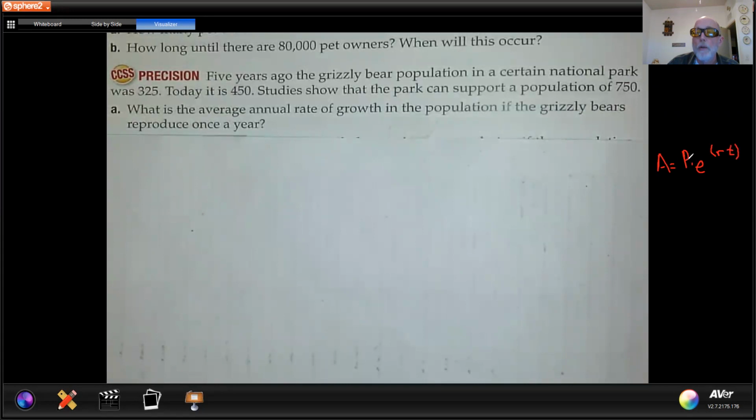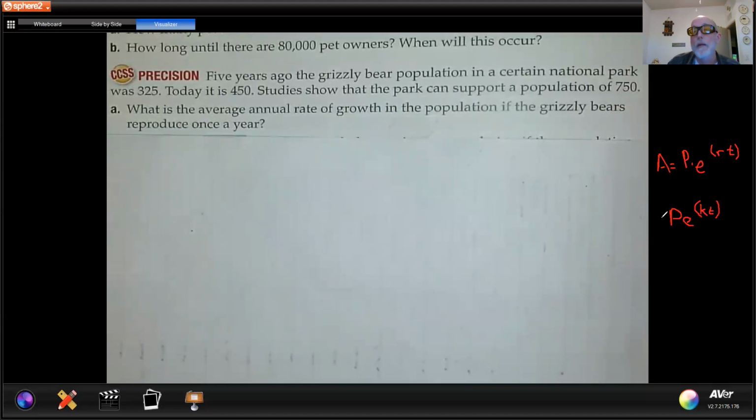So I call it PERT because it's P-E-R-T, PERT. Now, in your book, they have the letter K instead of T, but it's the same formula. K takes the same place as R, so it's just not a word like PERT.